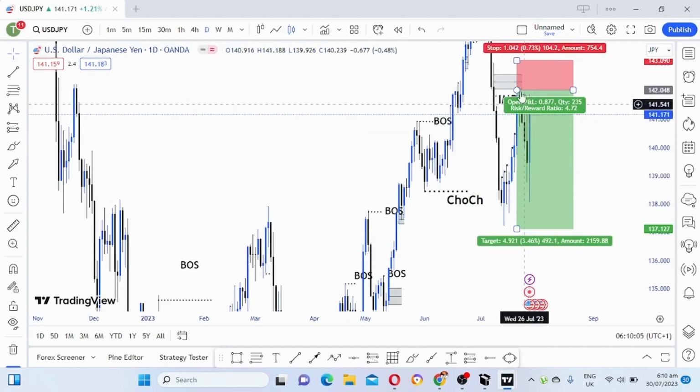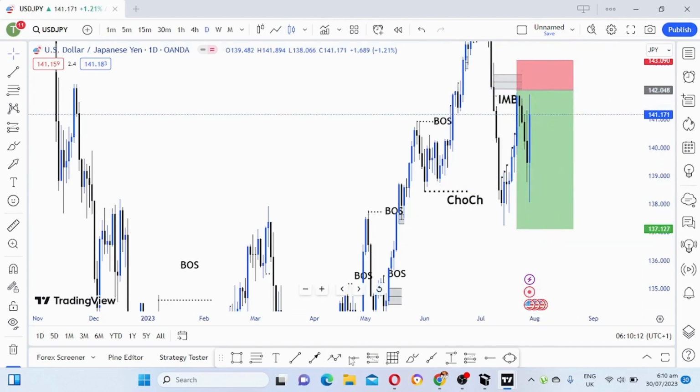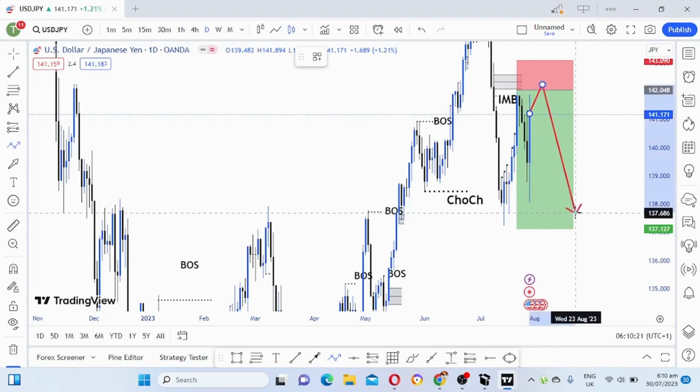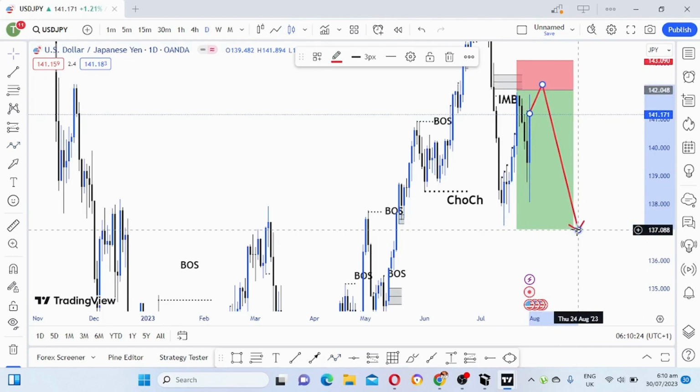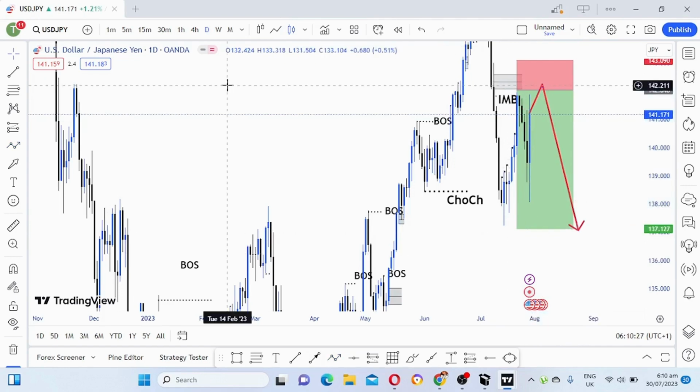Is price going to break this last high to grab liquidity and then sell? That's what I'm waiting for now. I'm waiting for either price to go up, break that last high, and then it can drop. That's what I'm expecting now on USD JPY.